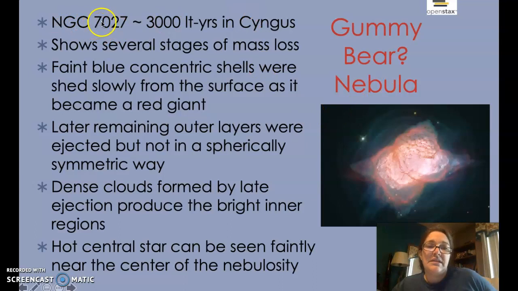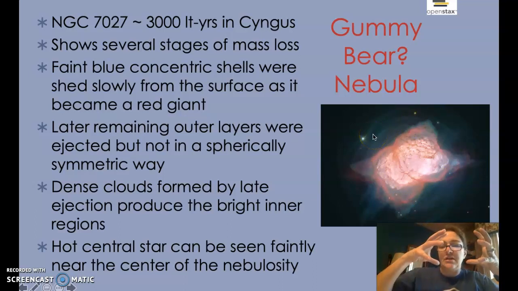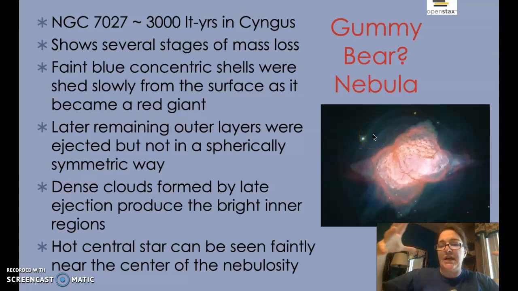So NGC 7027, 3,000 light years away in Cygnus. Several stages of mass loss. So this one's kind of interesting. The blue concentric rings out here show the very outer shell of the star that it shed as it expanded.